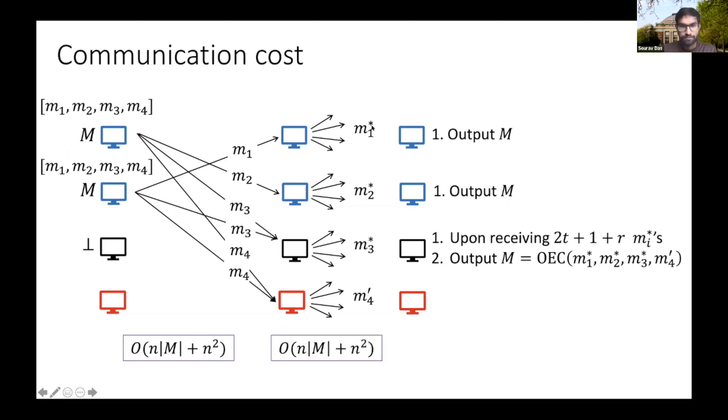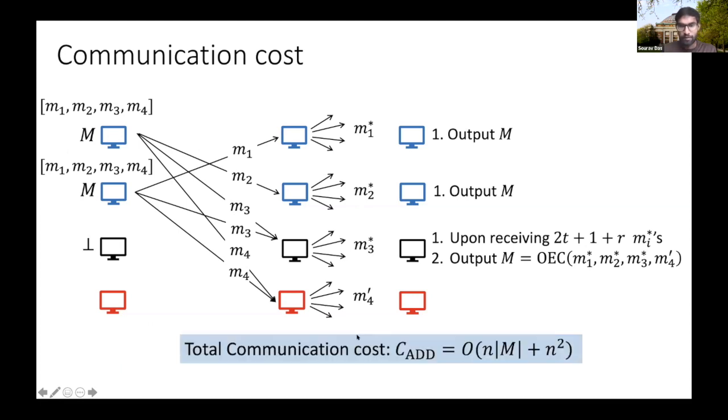The communication cost of the reconstruction phase will also be the same. So at the end of this protocol, we get ADD, which has communication cost of N times M plus N squared. This is much better than N squared M, or N M squared, which we had earlier from the naive protocols.